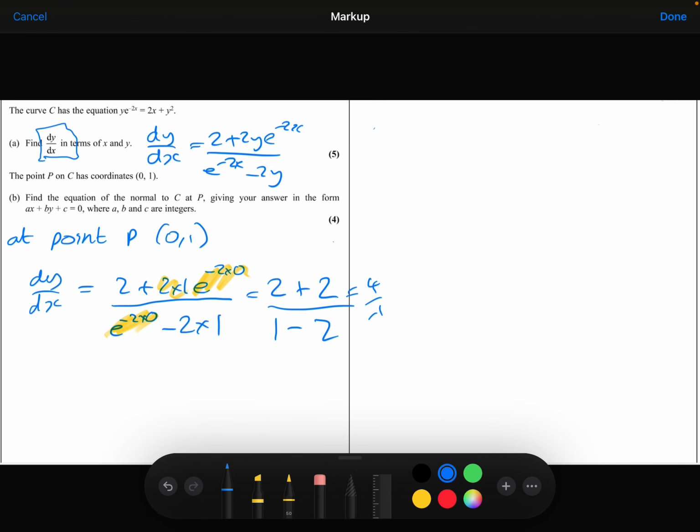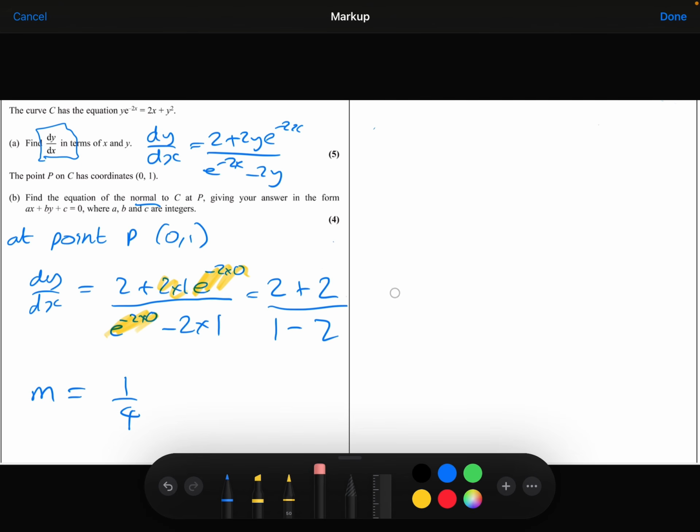So the gradient of the tangent is minus 4, which means that the gradient of the normal will be positive 1/4. The negative reciprocal of minus 4 is 1/4.